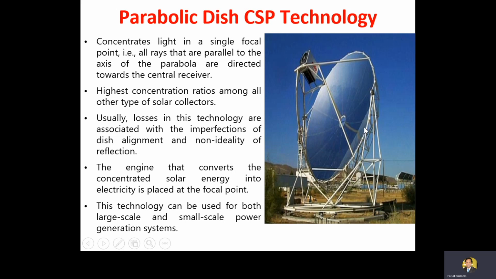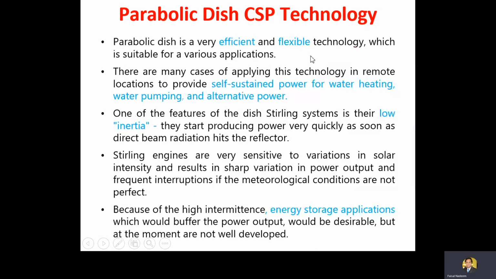The engine placed at this central focal point converts the solar energy into electricity. The technology can be used for both large scale and small scale power generation.